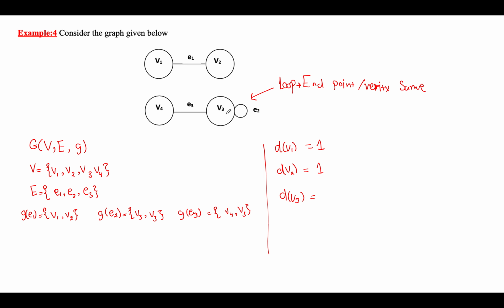So we consider the loop as a degree of 2. So the degree of V3 is 3 and degree of V4 is equal to 1. And from here we can see that all the degrees of vertices are odd.